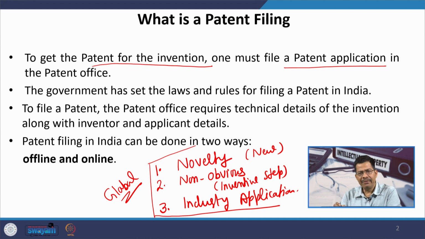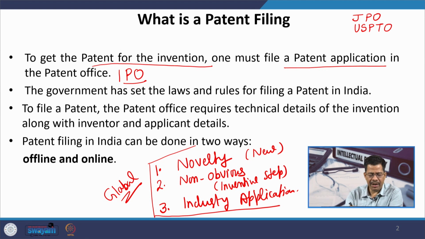Then obviously, if I am in India, I have to go to the Indian Patent Office, we call it IPO. Like in Japan it is known as JPO, in the US it is known as USPTO. So, different countries have names of their own patent offices.